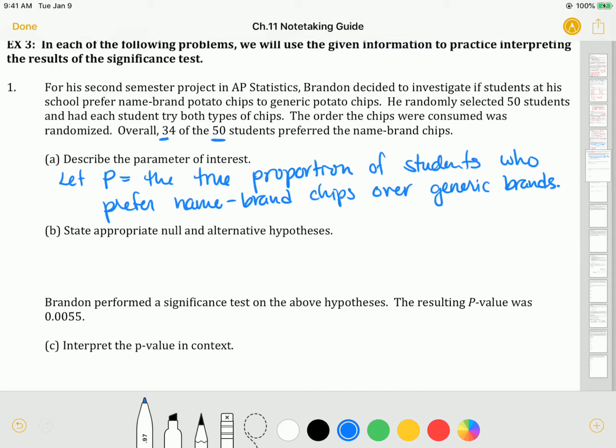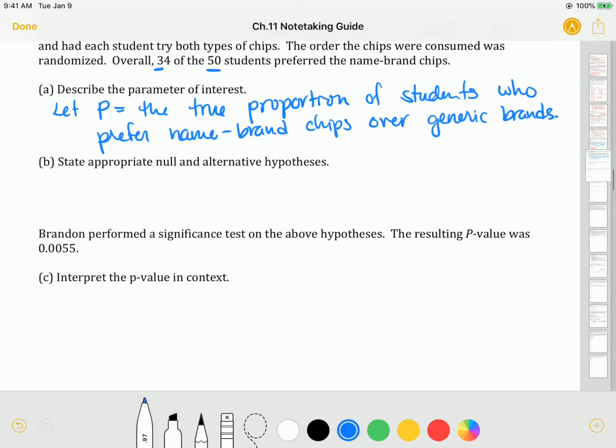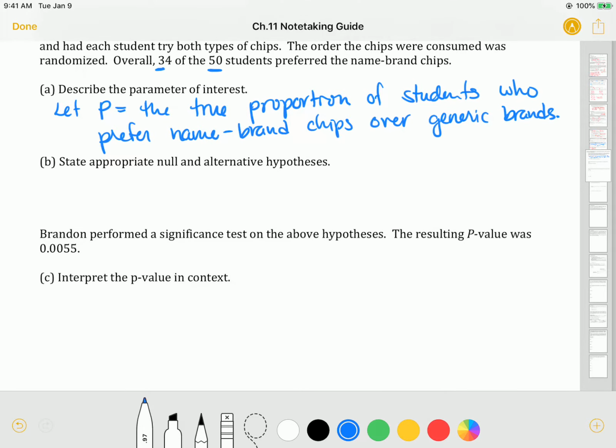Okay, so step number 1. Now, remember that always when you're performing a significance test, you always want to state your parameter and you also want to state the hypotheses.